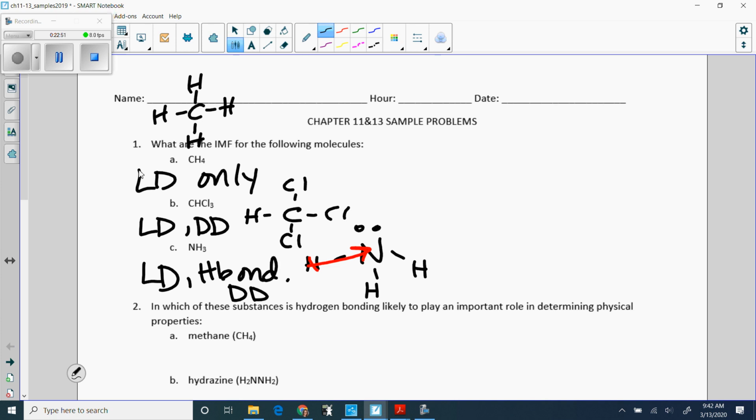If you write dipole-dipole as an H bond, you're not wrong. So if I were you, I would err on writing them all. It is a dipole. It's just a special type of dipole called the H bond. I think it just depends on the rubric and the reader if they expect you to do both. Okay?